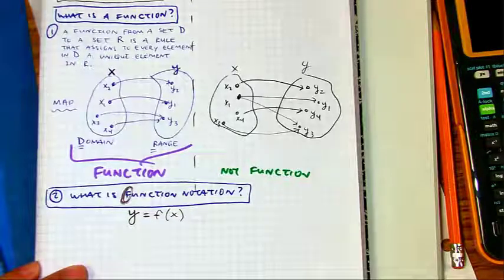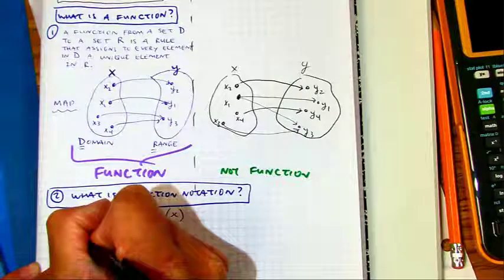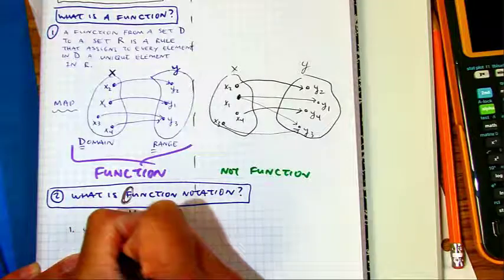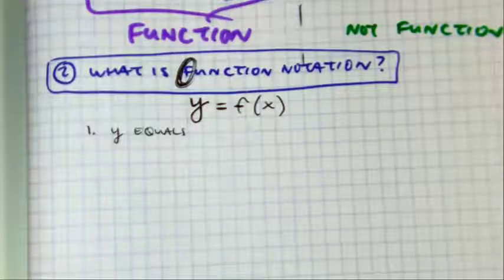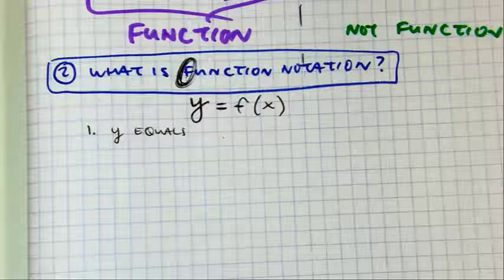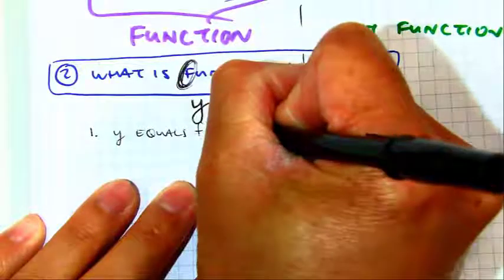And that's how we say it. There's two ways of saying this. You can say y equals f of x.